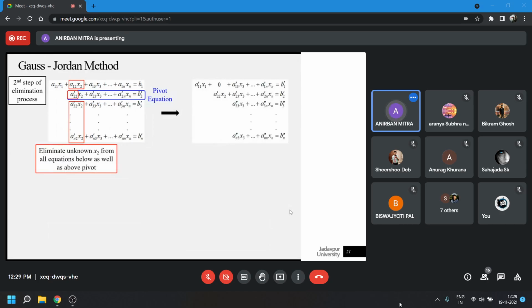So as you can see, due to changing the first equation, we now have a 0 over here. So the coefficients of x2 have disappeared from all the equations below as well as from the one above the pivot.